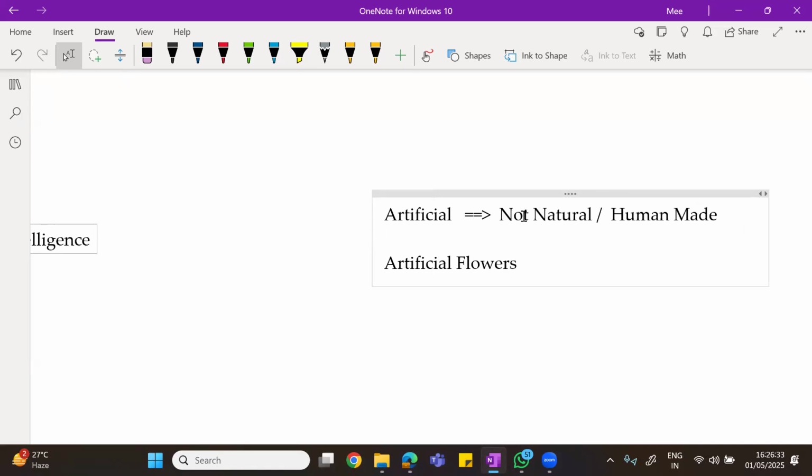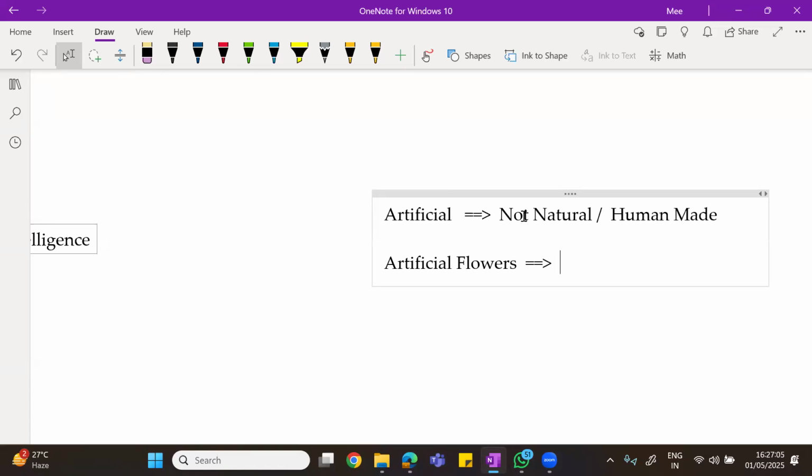Natural flowers are grown naturally, and there are artificial flowers. As I told you, artificial means man-made or human-made, not natural. How do you make these flowers? You must have made them some way or other. That's what human-made artificial flowers are.